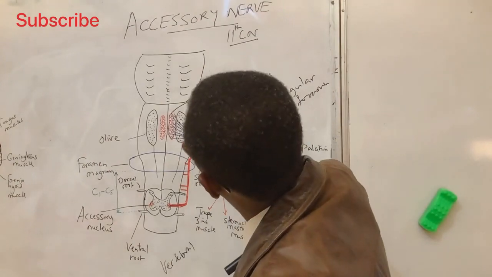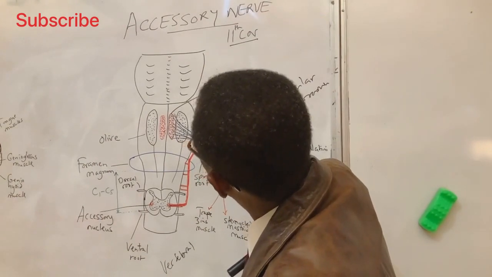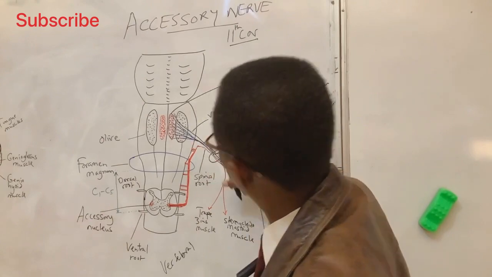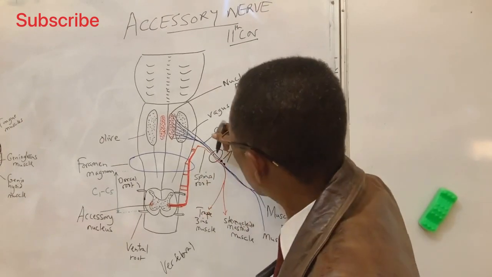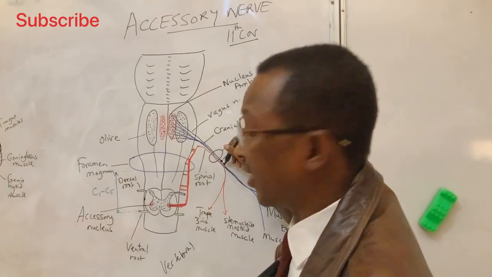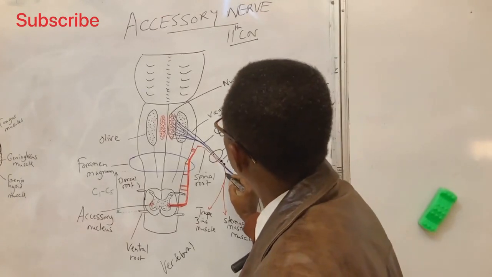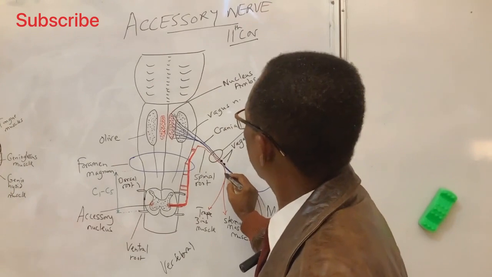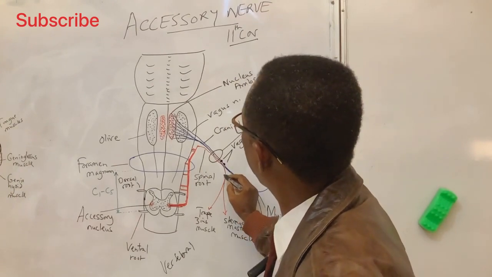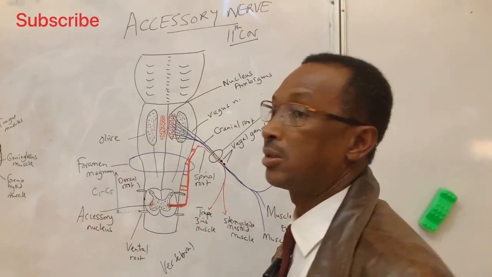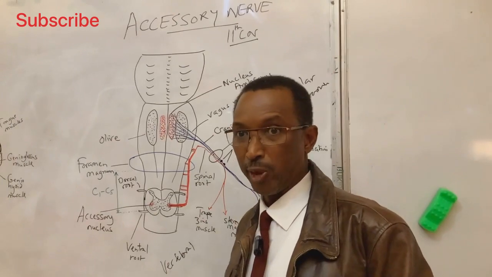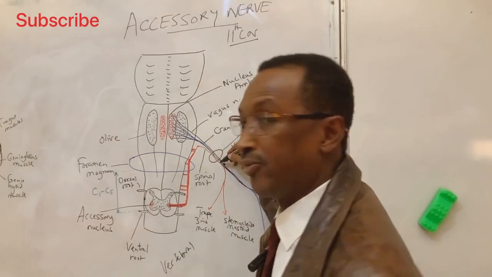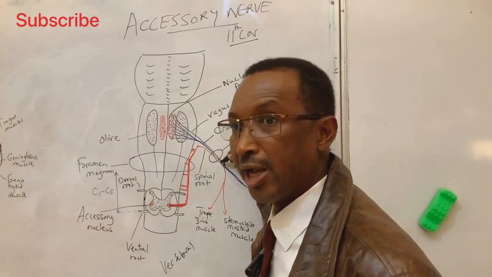So as soon as this nerve, the accessory nerve comes out of the jugular foramen, together with the vagus nerve, the spinal root or spinal part of the accessory nerve detaches from the main nerve. Are you clear? Just inferior to the jugular foramen.